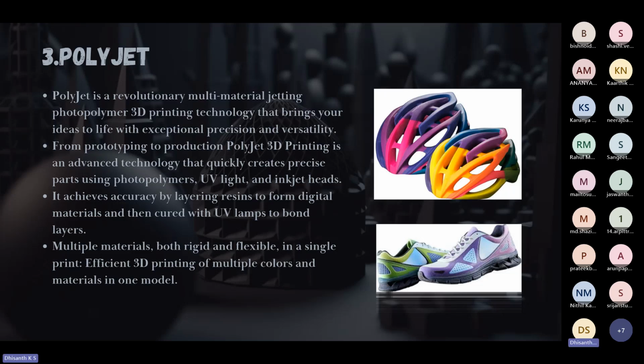It achieves accuracy by layering resins to form digital materials and then curing with UV lamps to bond layers. Multiple materials, both rigid and flexible, in a single print. Efficient 3D printing of multiple colors and materials in one model. As you see in the images, helmets which are very rigid, and also a shoe which is very flexible, of different colors can be made using PolyJet.